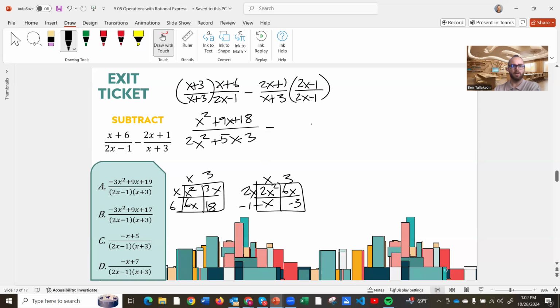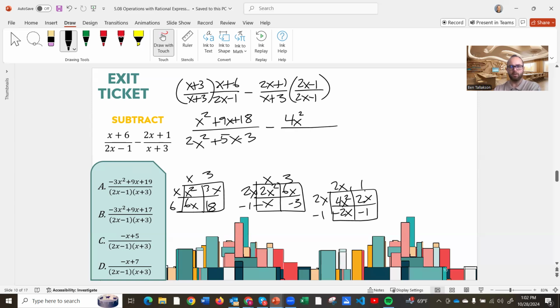Okay, minus, what do we have over here? Lots of box methods. 2x plus 1, 2x minus 1. Okay, we're going to get 4x squared.